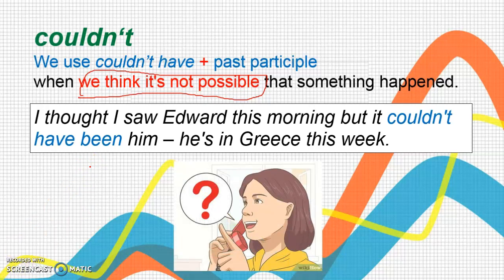He's in Greece this week. So, because Edward is in Greece and he is not here, it's impossible that I saw him here. So it couldn't have been him. It's impossible that the person I saw was him.